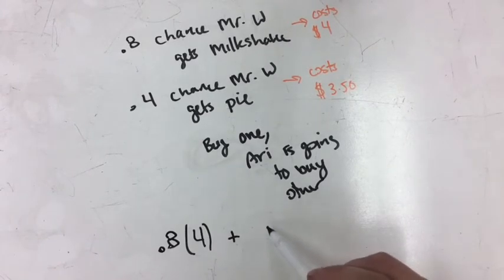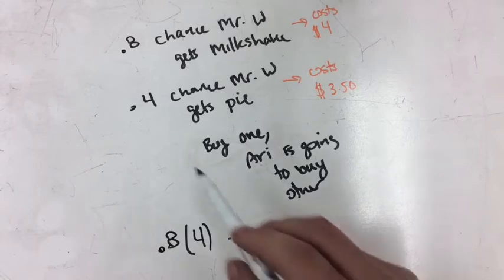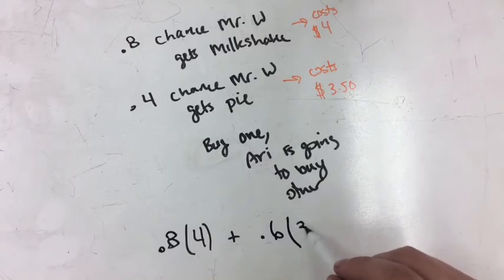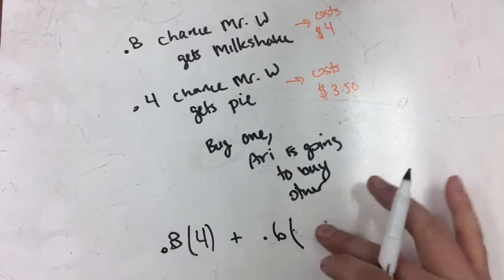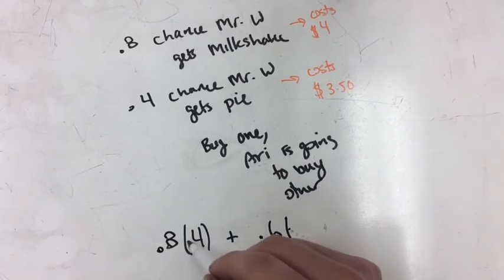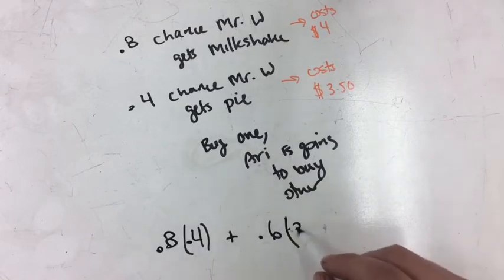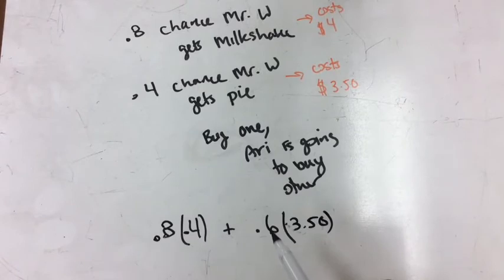So what's our chance of not buying the pie? Well, it's 0.6, which is going to be minus $3.50, because Ari is buying this. And it's a 0.6 chance that Ari is going to buy the $3.50 pie.